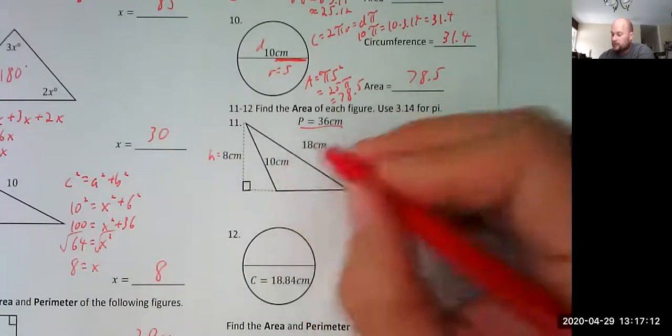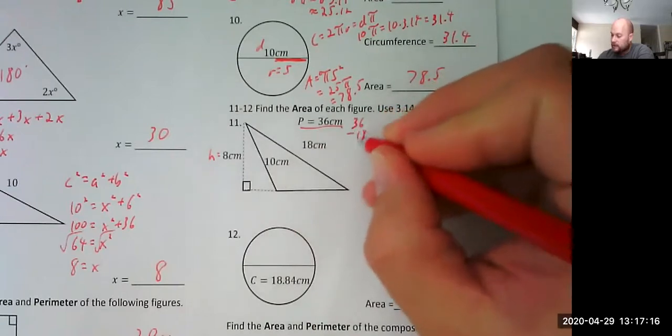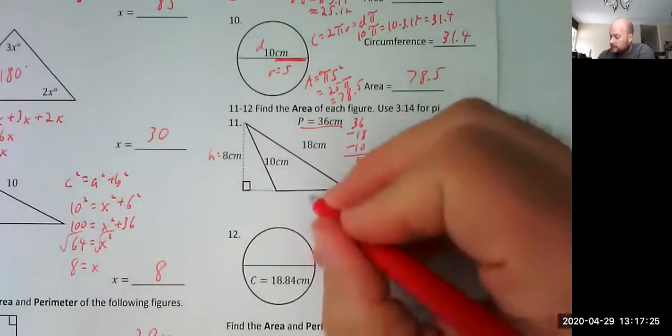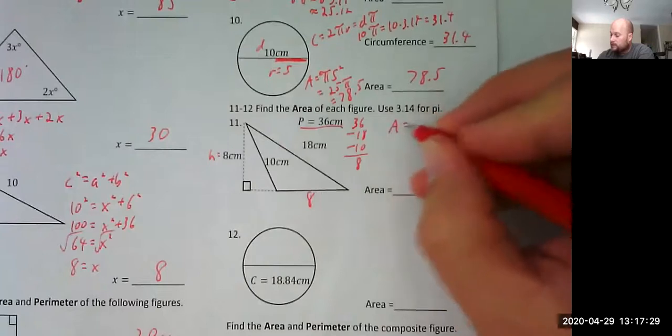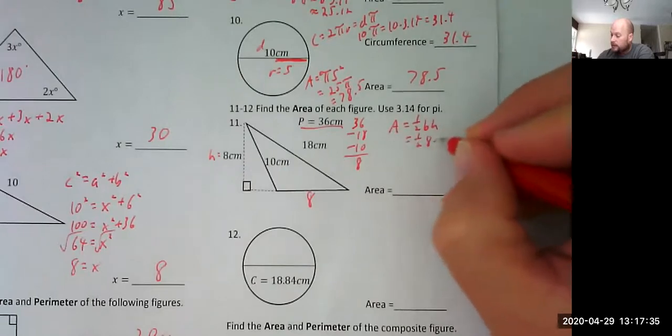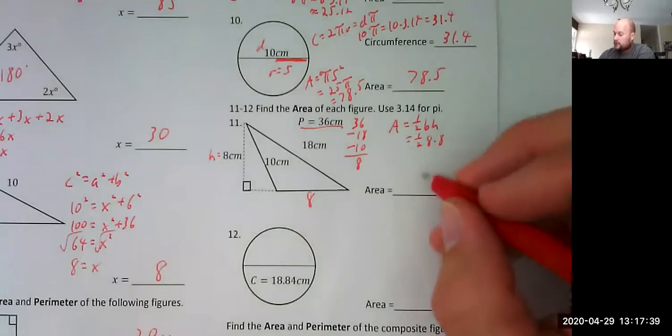So if we subtract these two pieces from 36, so 36 minus 18 minus 10, that's 8. So now that we know that that's 8, we can plug into our area formula for a triangle, 1/2 base times height, which is 1/2 8 times 8 in this case. 8 times 8 is 64, half of that is 32.